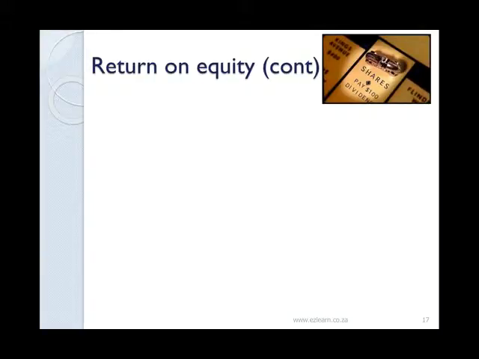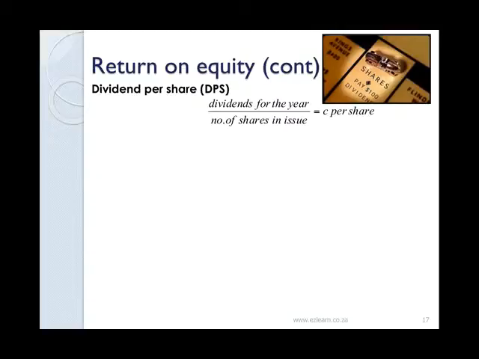That brings us to our dividends per share. Our dividends for the year divided by the number of shares in issue will give us the dividends per share, again expressed as cents per share. For both earnings per share and dividends per share, you might consider the fact that if your number of shares has changed during the year, the figure might not be exactly what you would expect it to be.